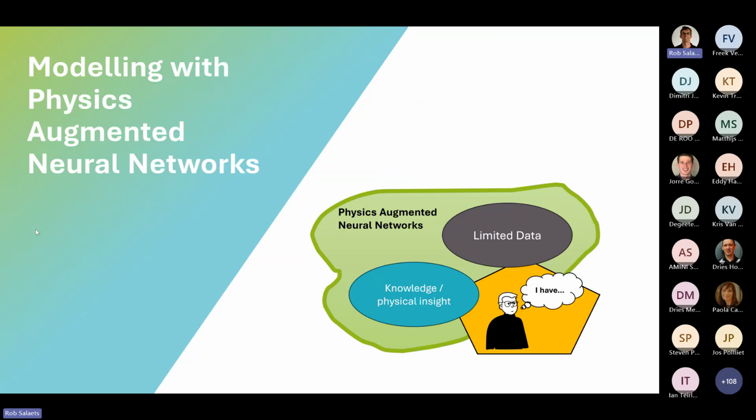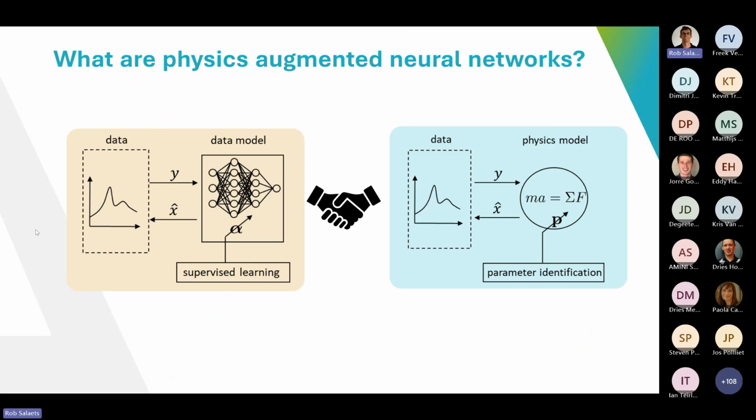But first, this is all in the setting of physics-augmented neural networks. So we should talk about them. What is it? It's actually quite simple. But a bit of background. If you want to model something with a model, you would have in the past typically two approaches.